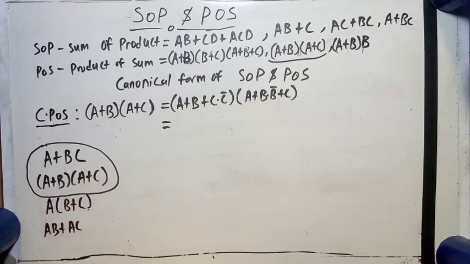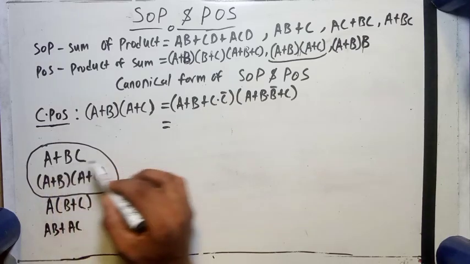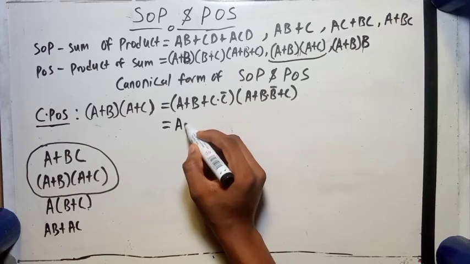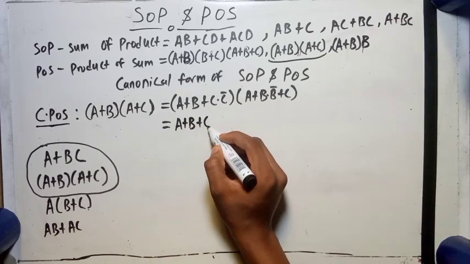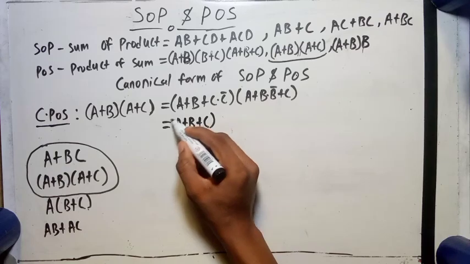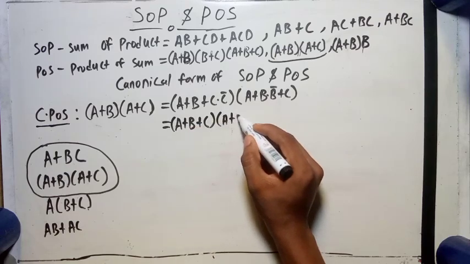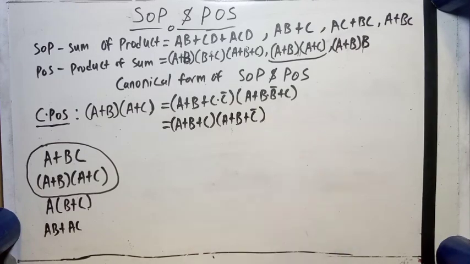So in this case, we're taking our A plus B to be just this A, and then this product is this guy. So we're going to have something like A plus B plus C multiplied by A plus B plus C bar.